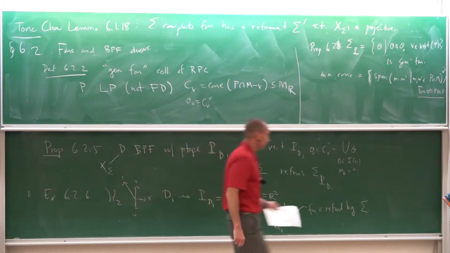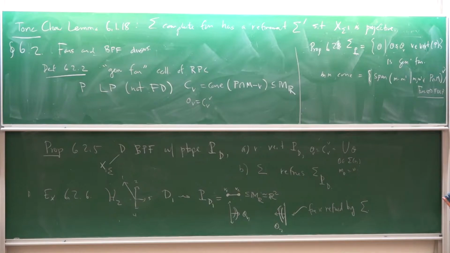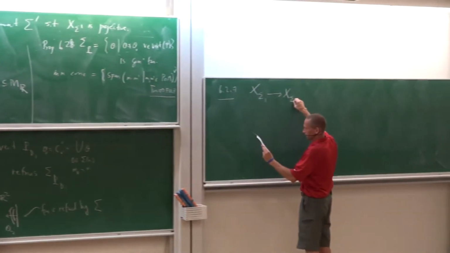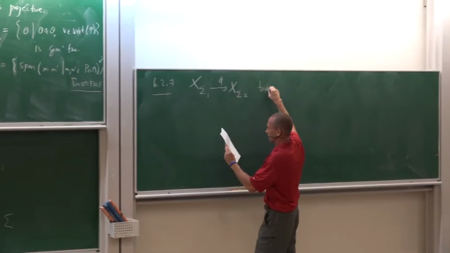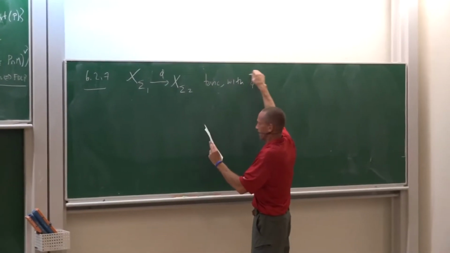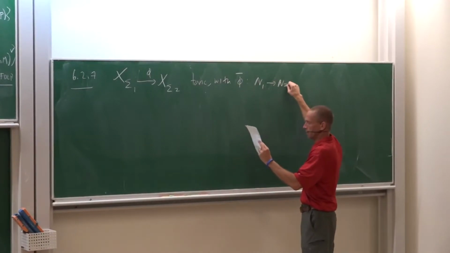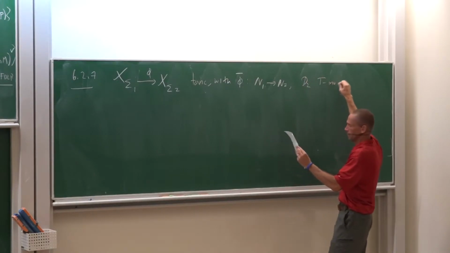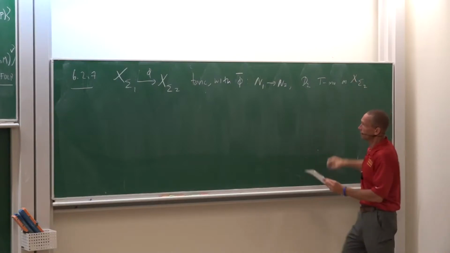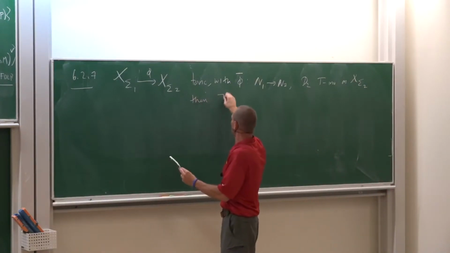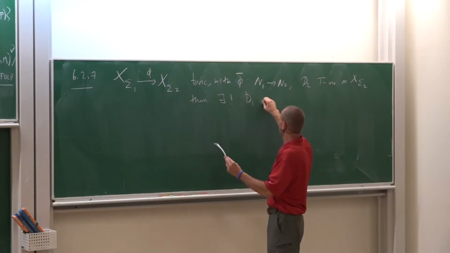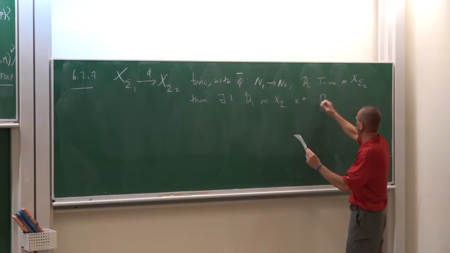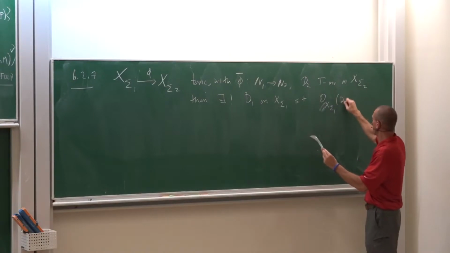And then actually, I think the two most important theorems in this section are 6.2.7, which is that if I have a toric morphism, and D2 is a T-invariant divisor on X of sigma 2, then there exists a unique D1 on X sigma 1 such that it is the pullback.